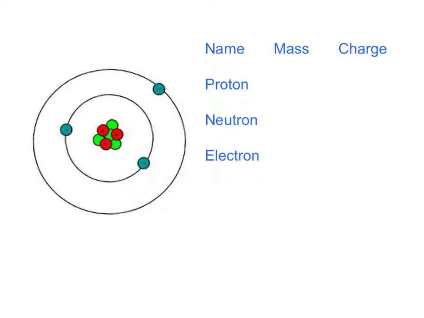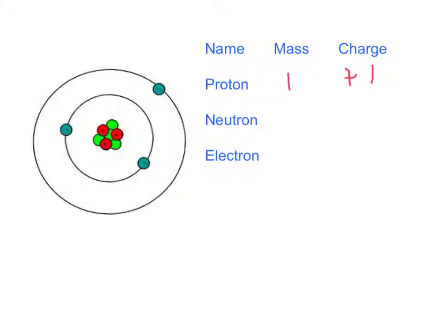So, there are some really useful things to know about these three types of subatomic particle. In particular, it's useful to know their masses and the charges that they carry. So protons, in this picture the red ones in the centre, have a mass of 1 and they carry a positive charge.